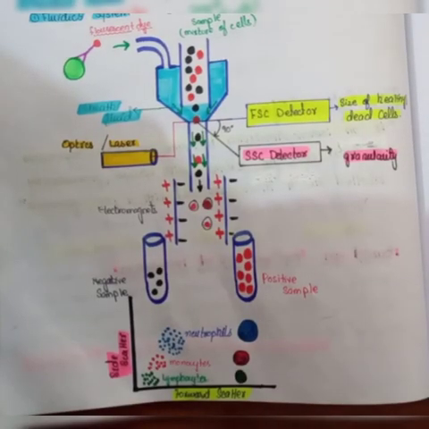Here we have a graph that is plotted on a system. On the x-axis we have forward scatter, and on the y-axis we have side scatter. And here we have some cells. The green shows cells with less size and fewer granules, so the peak is lower. But the red cells show more size and more granules than green, so the peak is higher than green.